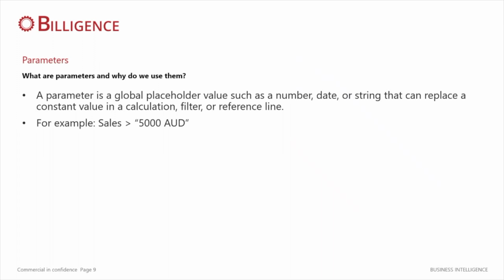You can replace that 5,000 Australian dollars with a parameter that will allow users to change that value to the value that they want, and the calculation would still work. By using parameter controls, you can turn your dashboard into a smart dashboard.